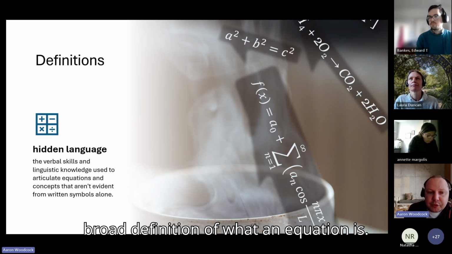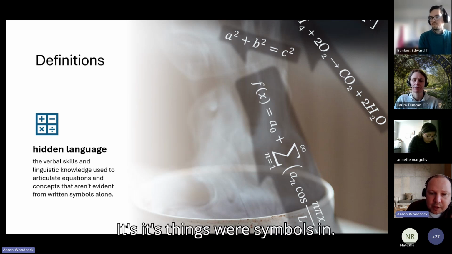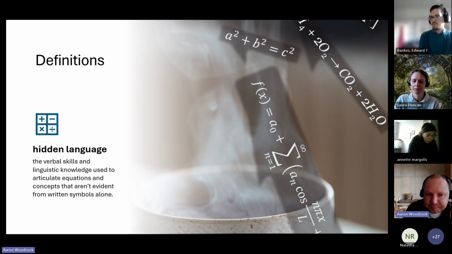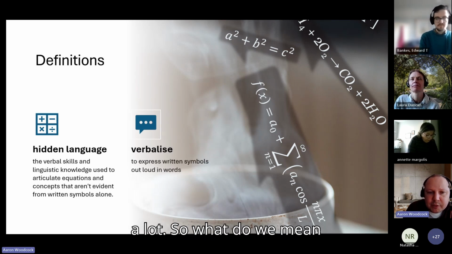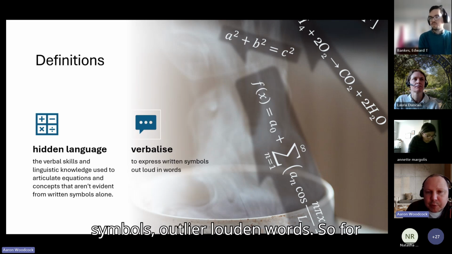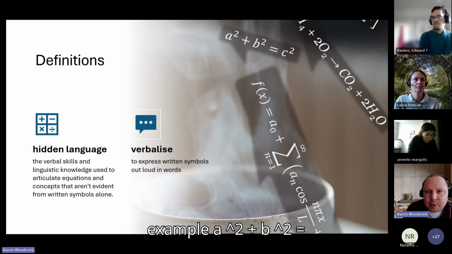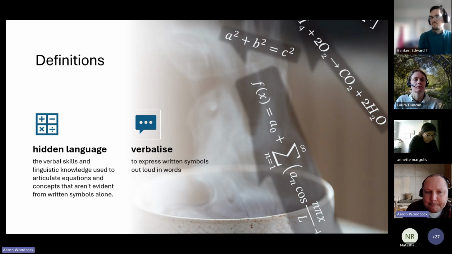So we're having quite a broad definition of what an equation is. It's things with symbols in. And then verbalize, we use that word a lot. So what do we mean by that? We mean to express written symbols out loud in words. So for example, a squared plus b squared equals c squared. I've just verbalized that equation.